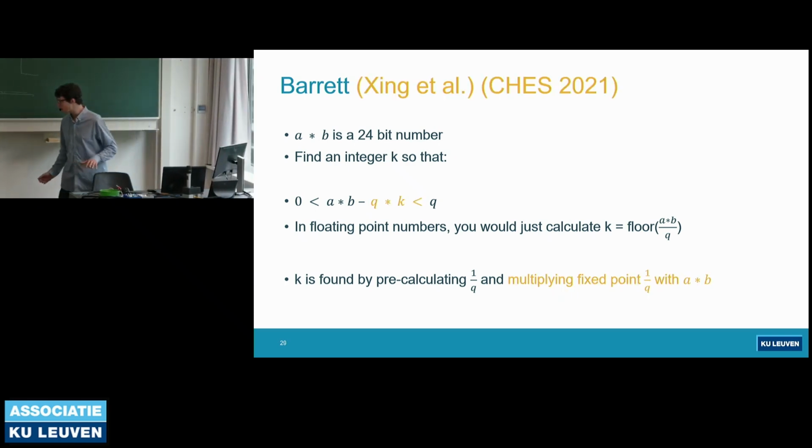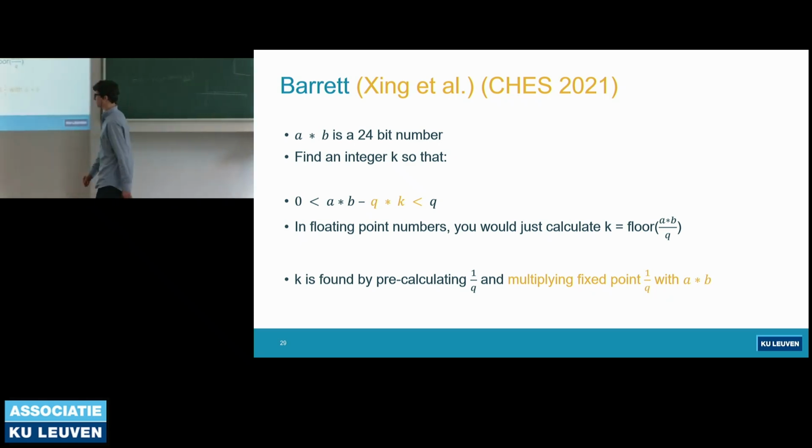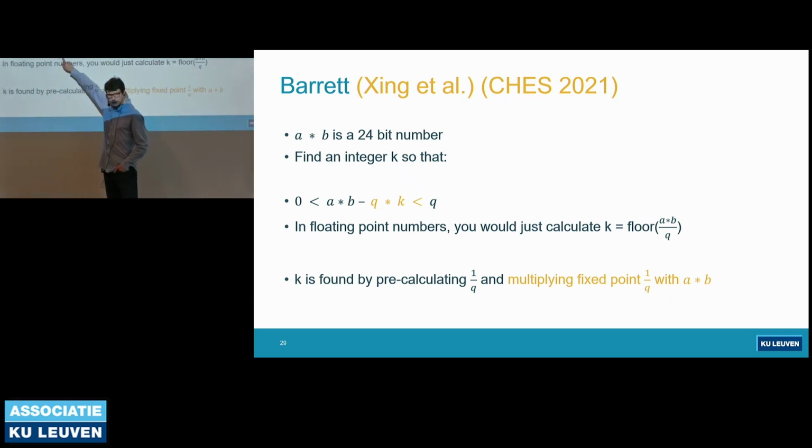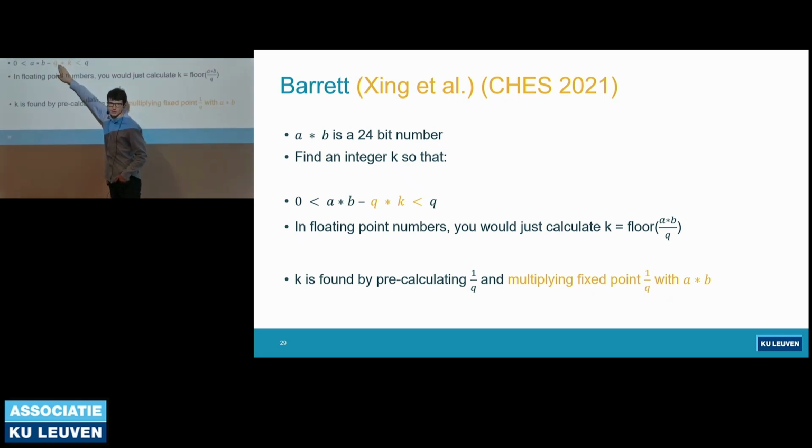So one optimization, which already got itself a CHES paper since someone realized it as well, is that we don't really need to multiply with q, because we know q. Q is a constant. So we don't need to do a multiplication, we just have to figure out that q only has a couple of ones in its number. It's a sparse number. So we really just have to shift and add, not really multiply, because this is a constant.